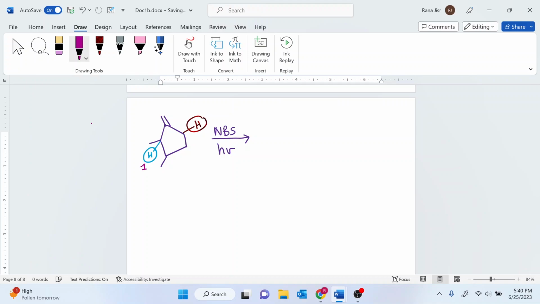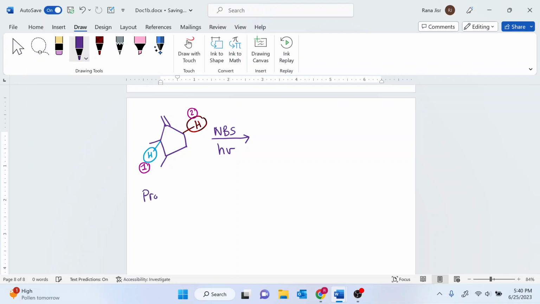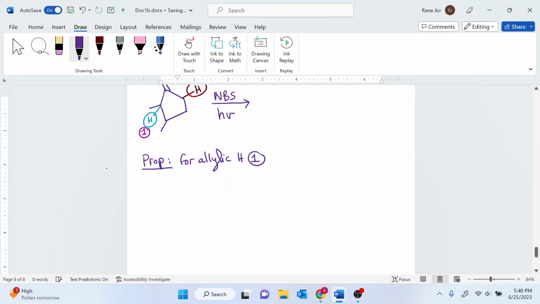So let's start and take the first allylic hydrogen. I am numbering them. So I'm gonna skip initiation because you know initiation. Now I'm just gonna go ahead and write the propagation steps. Okay? So let's do the propagation step for allylic hydrogen 1. And this is how I want you to write the mechanism of the reaction when I ask you to write the mechanism of the reaction.